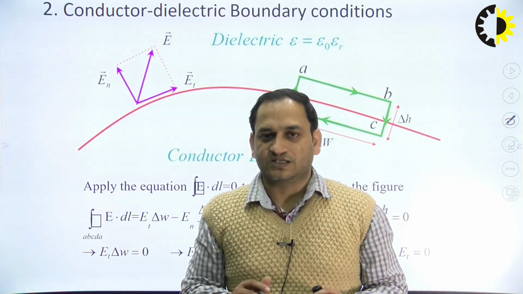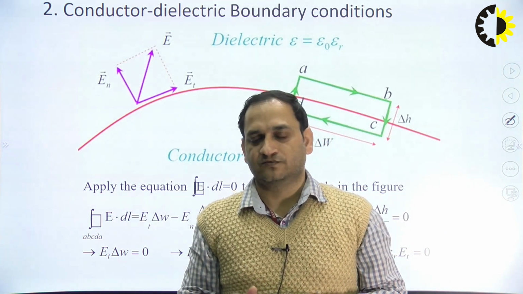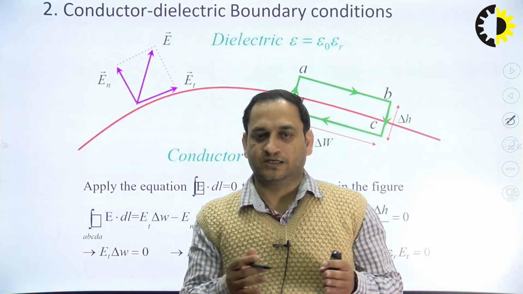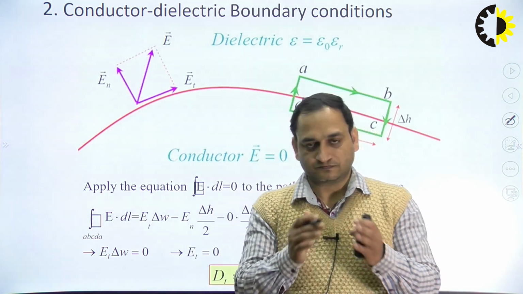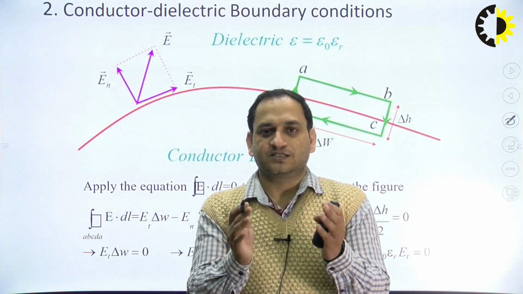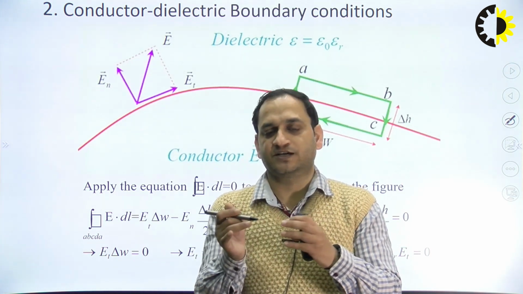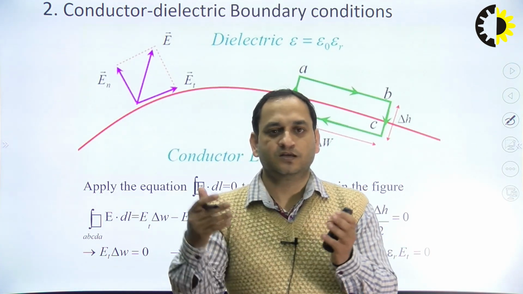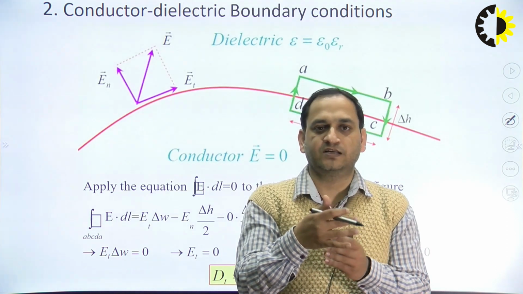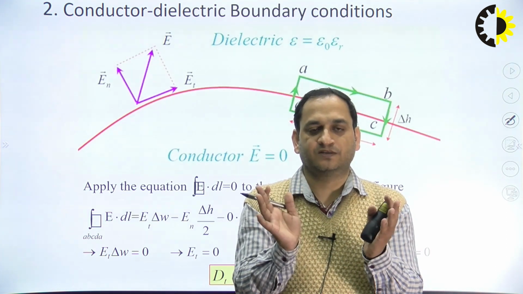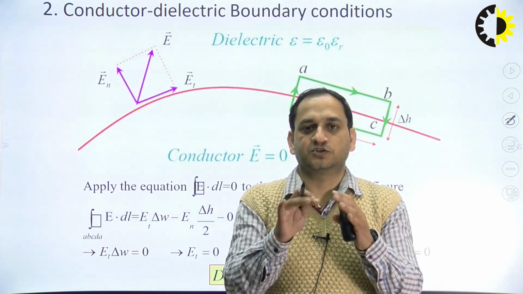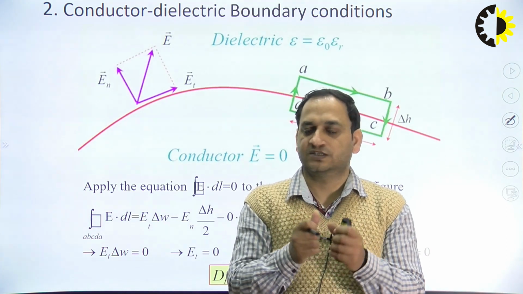So what is the significance of that in conductors? When you put the conductor into an external electric field, the positive charges move in the same direction as the electric field, and the negative charges move in the opposite direction. In that case, within the conductor there is no charge density.